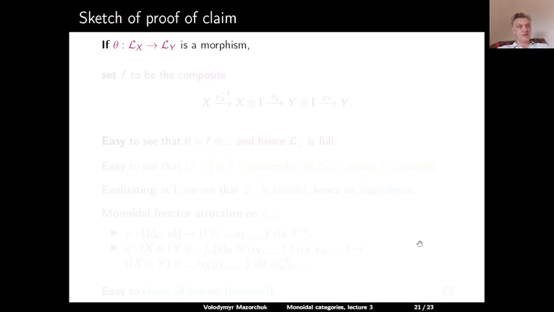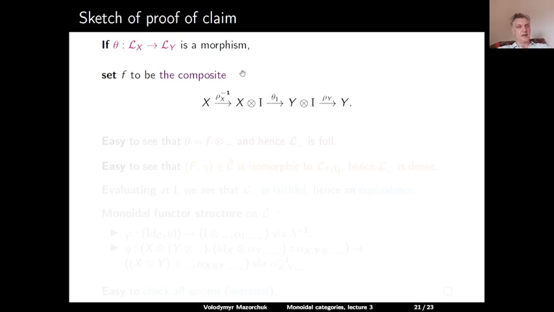Given some morphism theta from Lx to Ly, we define f as the composite of the following morphisms. So we start with x, we apply the inverse of the right uniter to go to x tensor the identity.